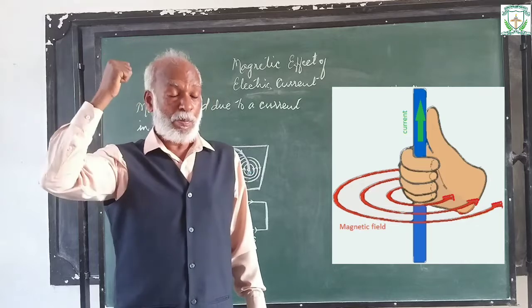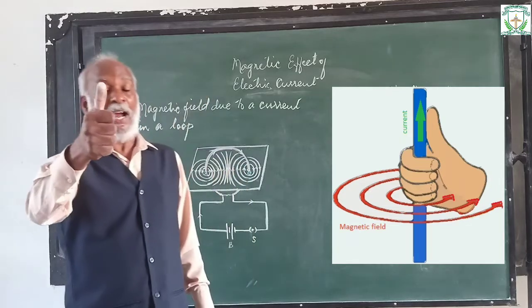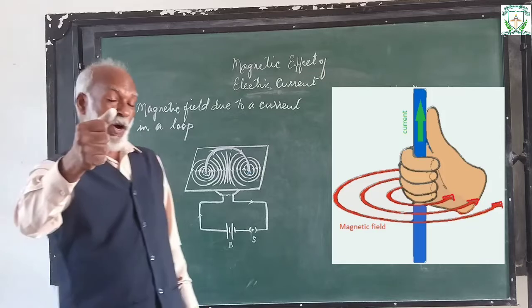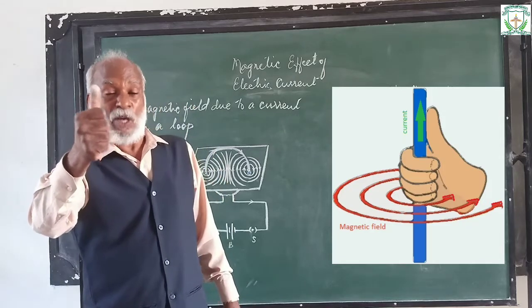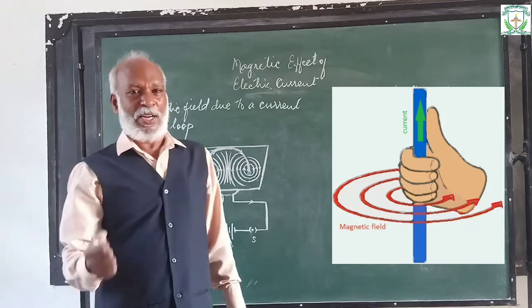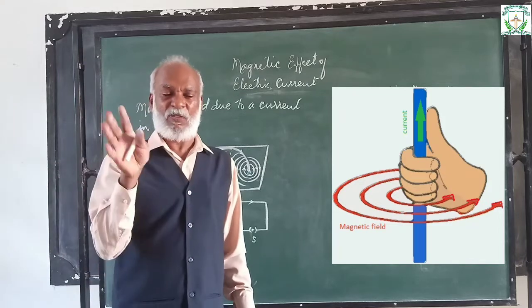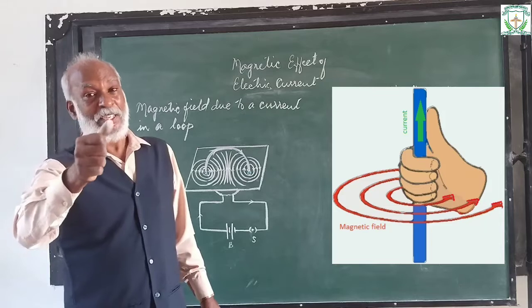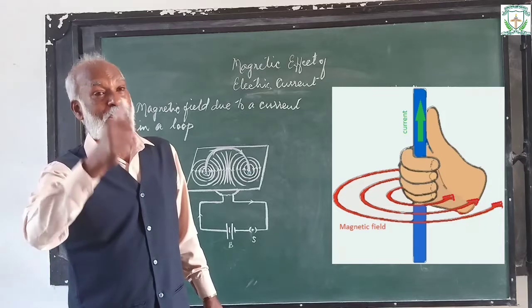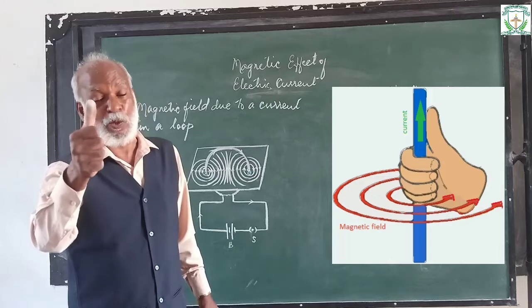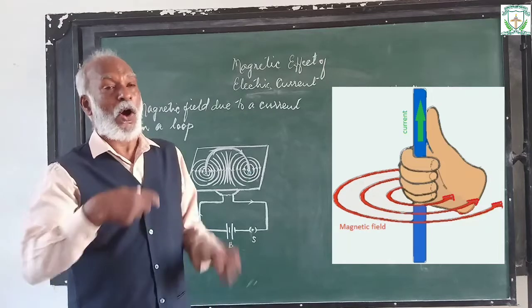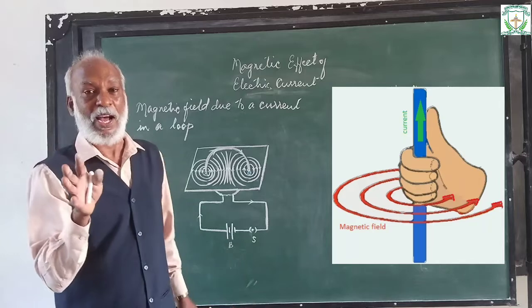This is called Maxwell's right hand grip rule or Fleming's right hand thumb rule. Understand? So different names, don't get confused. All are one and the same.